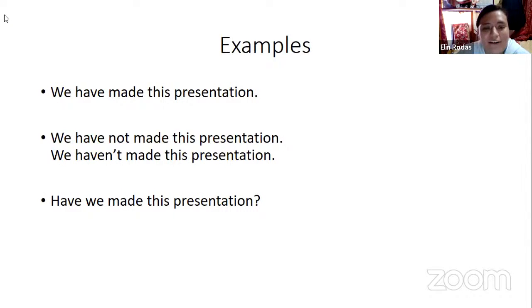Okay, and now we have some examples, and we use the same sentence because we use the structure in different forms. The first sentence is the affirmative form. We have made this presentation. And the second is in negative form.